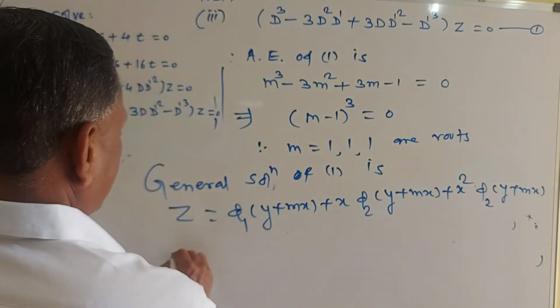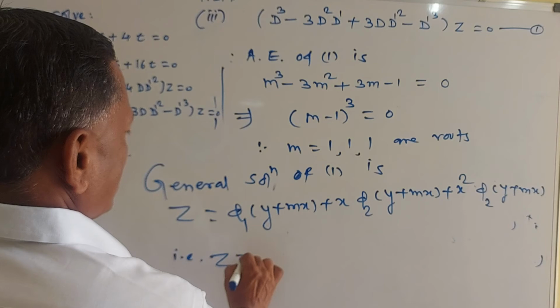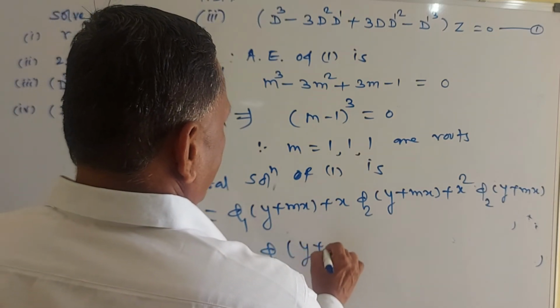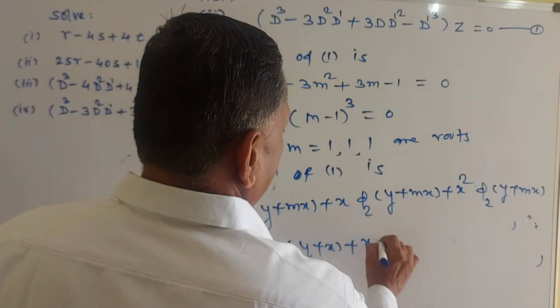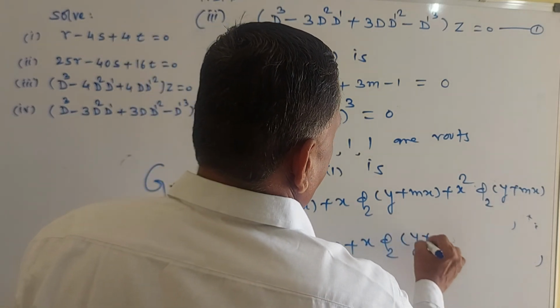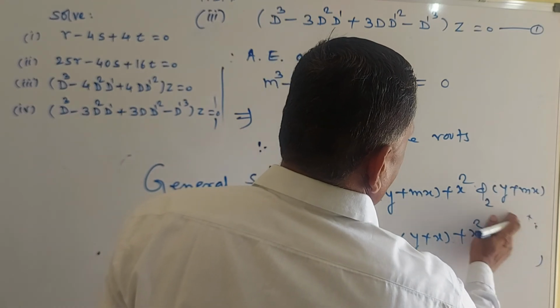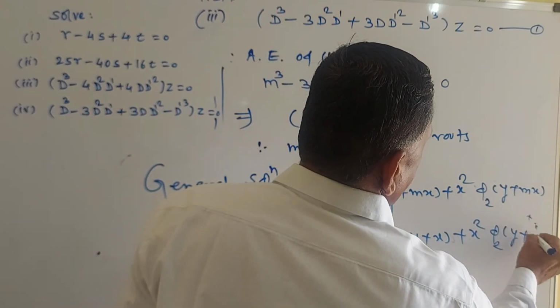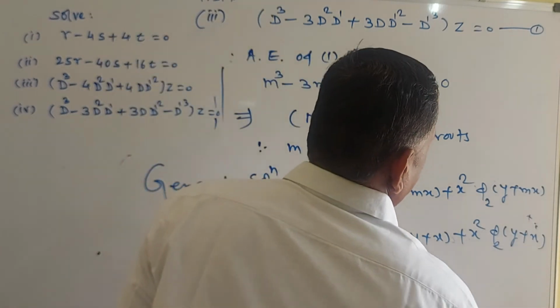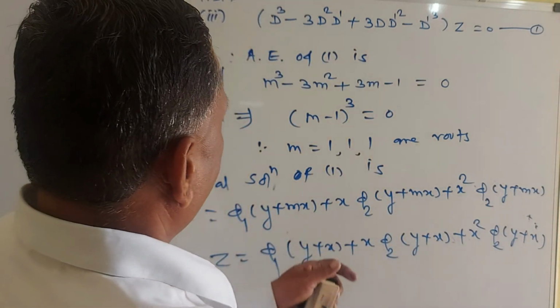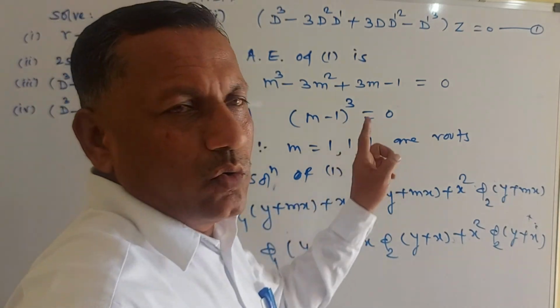So that is z is equal to phi 1 of y plus x, plus x into phi 2 of y plus x, plus x square into phi 3 of y plus x, by substituting m is equal to 1.